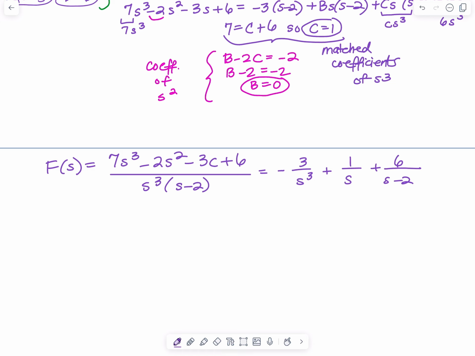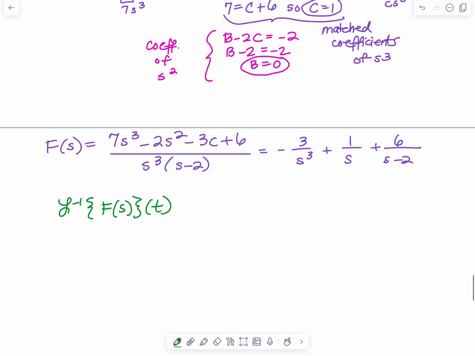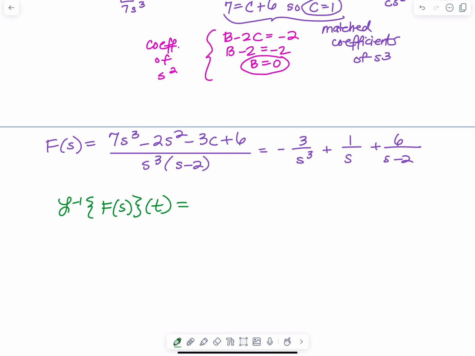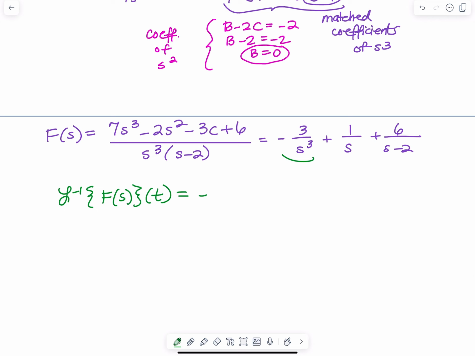We can see here that the inverse transform of f of t is equal to, we'll go ahead and deal with this term first. Of course, we are pretty comfortable with that right now. Negative 3/2 t squared plus, of course, we know that this is 1, plus 6e to the 2t.